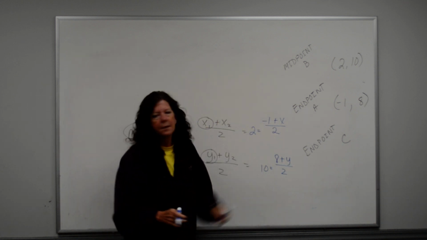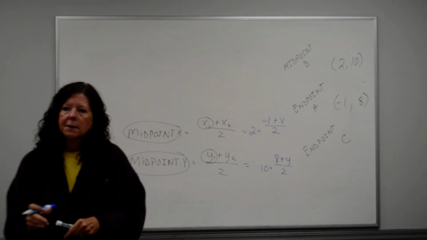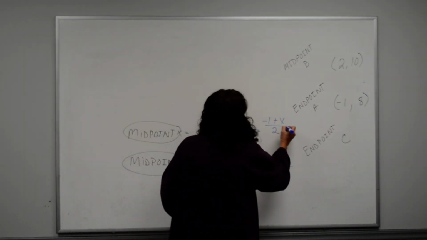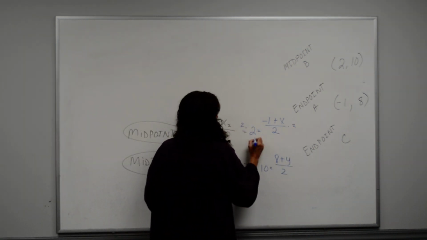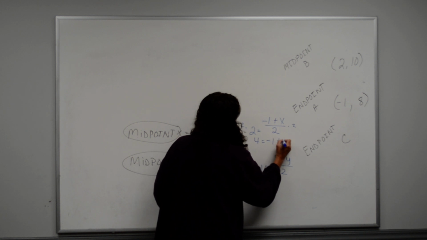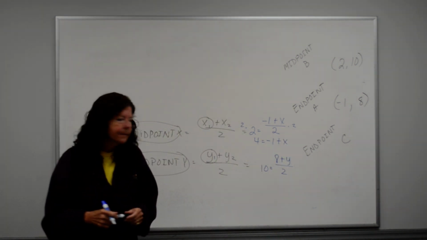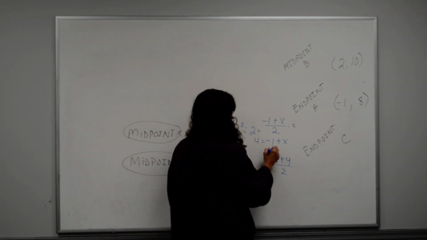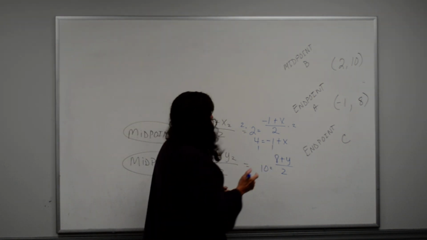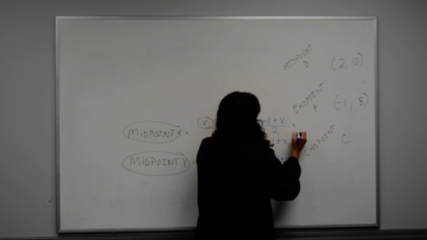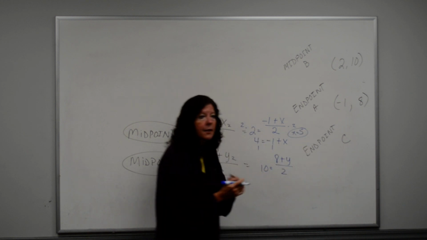Now, how do I solve this? What's the first thing I'm going to do? Multiply both sides by 2. So I have 4 is equal to negative 1 plus x. Now, how am I going to get that x by itself? Subtract a negative 1. Actually, I'm going to add a positive 1. And so therefore, I'm going to get x is equal to 5.